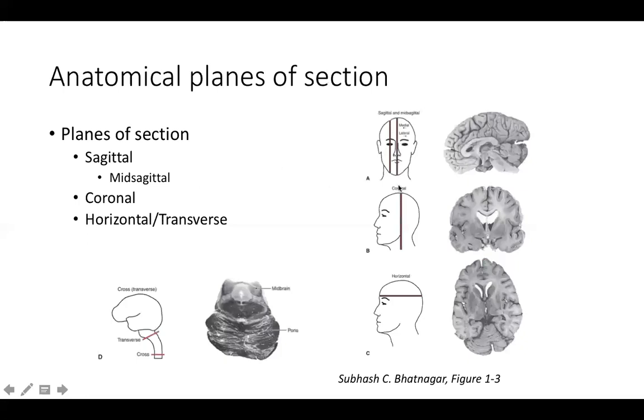Coronal would be if you take a slice dividing up the face or towards the face of the brain and the back of the brain. And so coronal here, again, that would be giving a slice down here or at any of the other parallel regions. And this is the kind of slice that would give you.